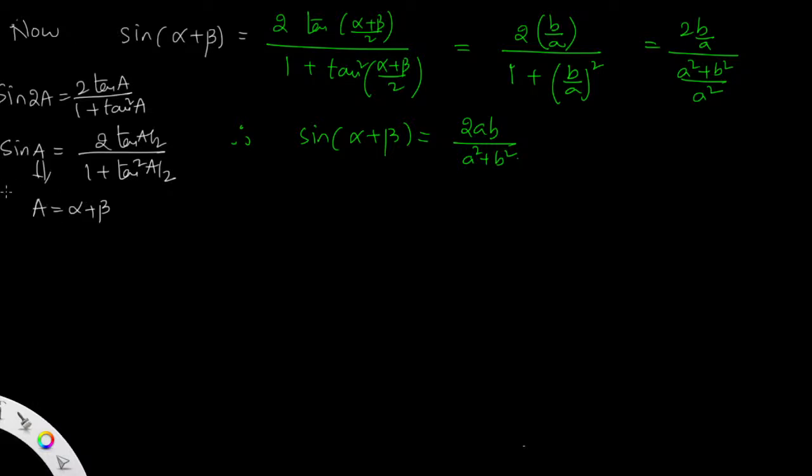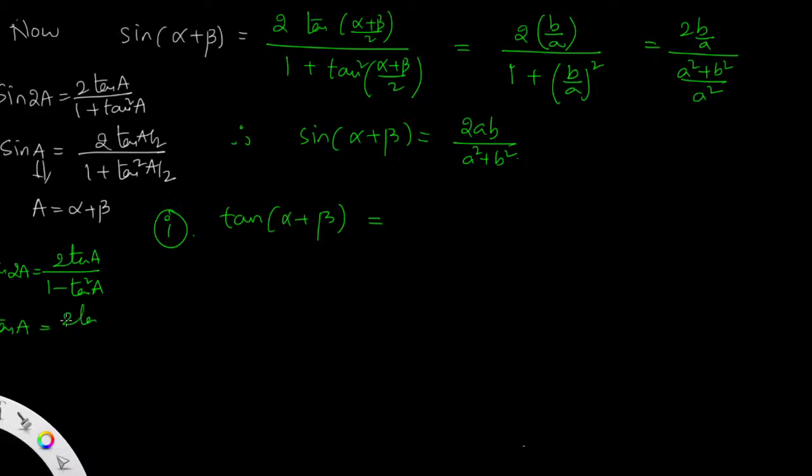And then tan of alpha plus beta, which the first question is asking, we have to find. Tan of alpha plus beta is in terms of tan 2a. So tan 2a is 2 tan a by 1 minus tan square a. Here we write tan a as 2 tan (a/2) by 1 minus tan square of (a/2).